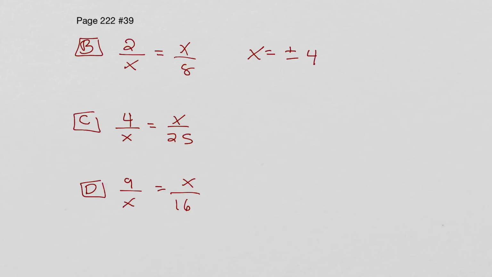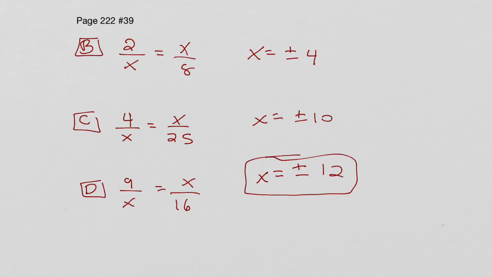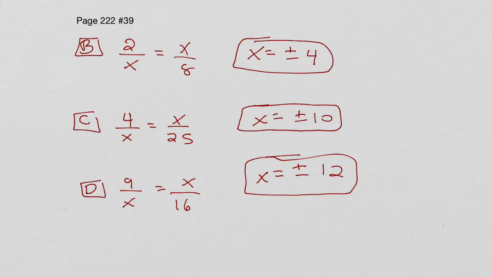For letter C, x is going to equal positive 10 and -10. And for letter D, x is equal to positive 12 and -12. The way you actually read this is x is equal to plus or minus 12, x is equal to plus or minus 10, x is equal to plus or minus 4.